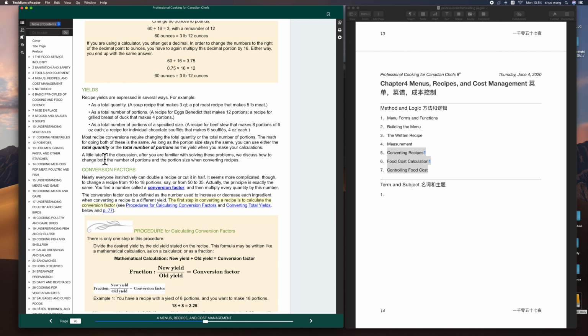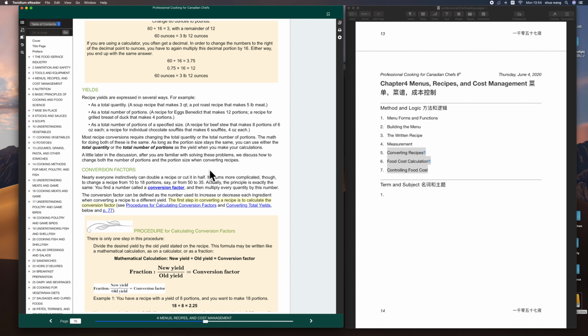The math for doing both of these is the same. As long as the portion size stays the same, you can use either the total quantity or the total number of portions as the yield when you make your calculations. A little later, after you are familiar with solving those problems, we discuss how to change both the number of portions and the portion size when converting recipes.